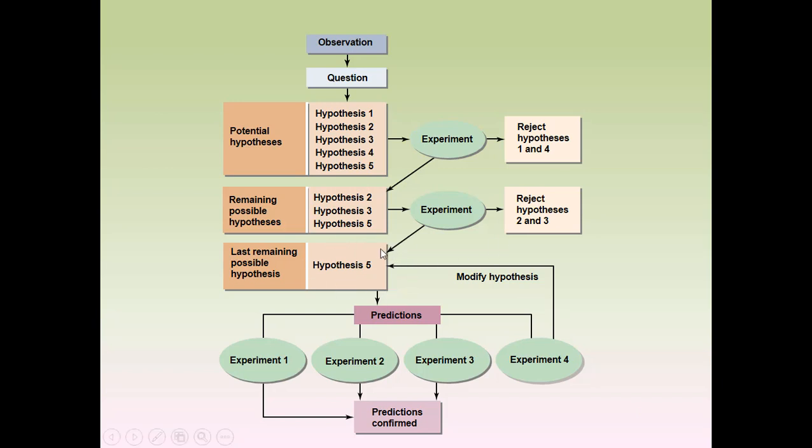We end up with one remaining hypothesis that we accept. Okay? We might even test that hypothesis multiple times, and if it is supported, that would tend to confirm the hypothesis. But does that prove that that hypothesis is absolutely true?